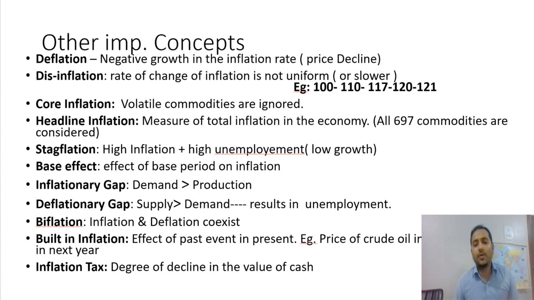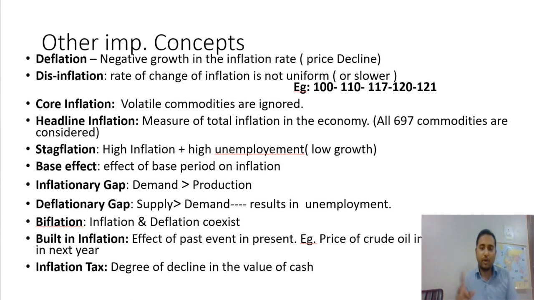Now, what is core inflation? See, we talked about the basket of some commodities. So let's say I have the basket of 10 items, in which food items are also included for industrial worker. But what happened? The price of all the items are good, they are not increasing, but the price of one item, that is pulses, is increasing abruptly, and the other item, onion, is increasing abruptly.